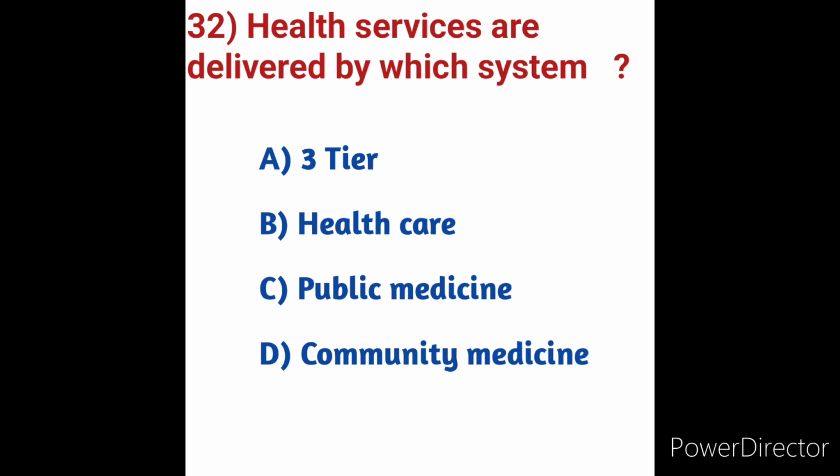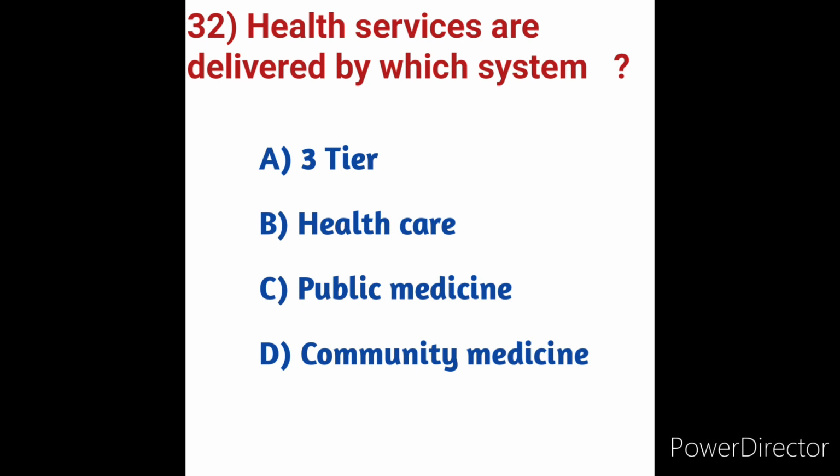The Indian public health sector encompasses 18% of total outpatient care and 44% of total inpatient care. Middle and upper class individuals living in India tend to use public healthcare less than those with a lower standard of living. So here the health services are delivered by the system of healthcare. So in these options, option B is the correct answer.